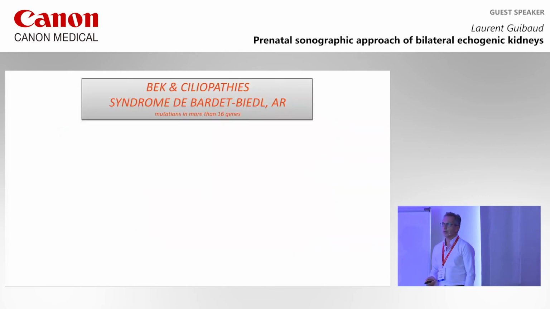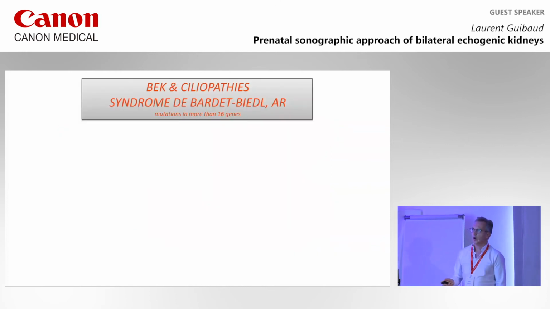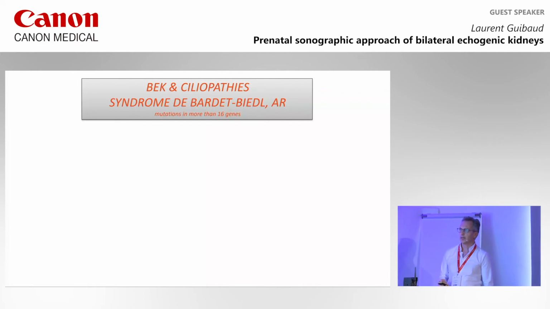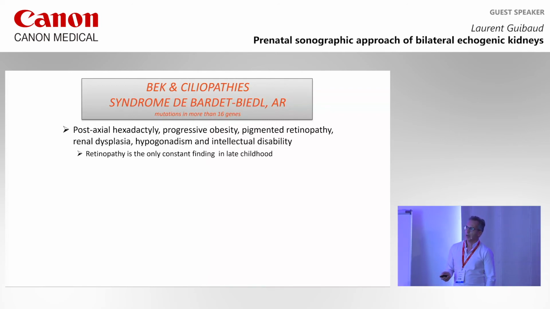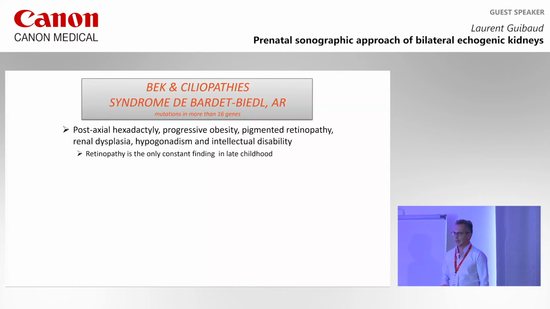And the first one is Bardet-Biedl. You know, there is mutation in more than 16 genes, and it's in fact characterized by post-axial polydactyly, progressive obesity, but it's the obesity after birth. This is very important because it's the diagnosis, the pigmented retinopathy, renal dysplasia, hypogonadism, and intellectual disability.